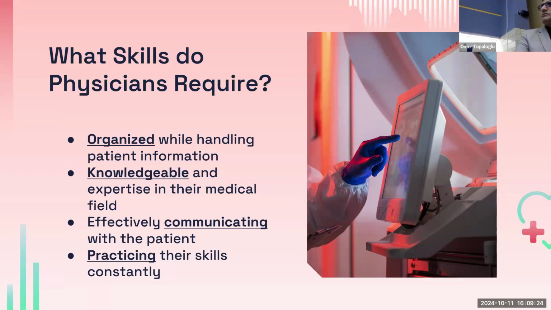Physicians need to have a lot of knowledge in their field to be able to effectively diagnose and research their topic. And I feel like the most important one is effectively communicating with patients. In a clinical setting, communicating with the patient is very important as it allows you to extract valuable lifestyle information from the patient, which can help you diagnose any disease or disorder that the patient might have.